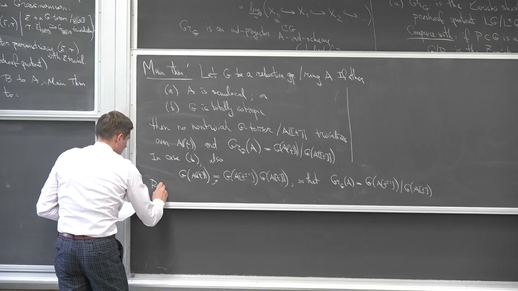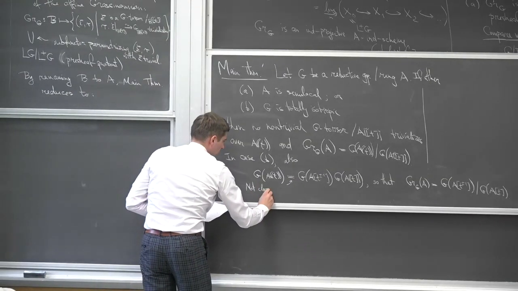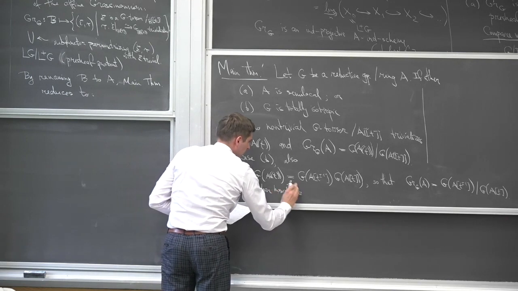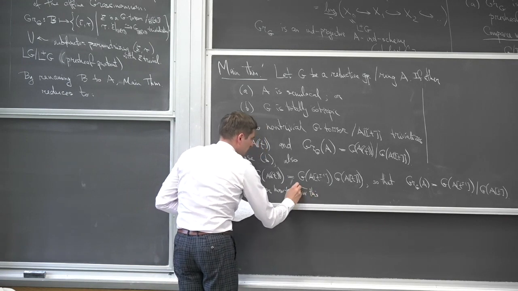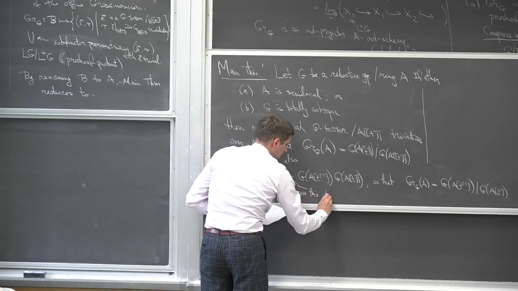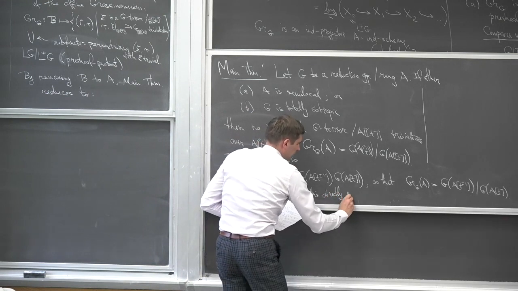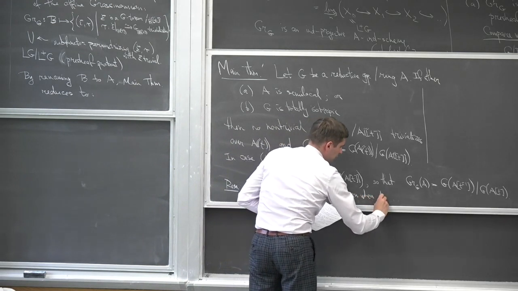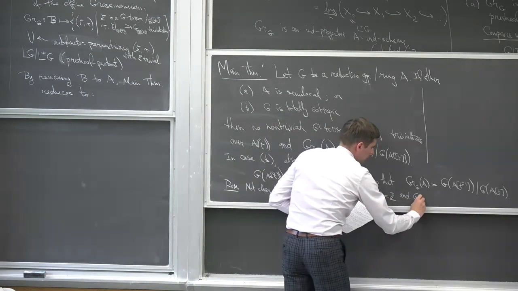But the point is, it's not so clear how to prove this decomposition directly, even in the case say when A is just Z, G is say K1.